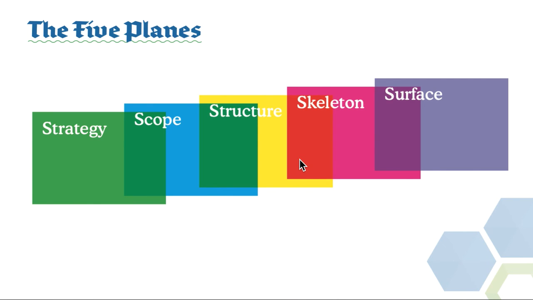I think this is a good way to interact with it, but it is really important to note that there is a large degree of overlap. They're not totally independent. There's nothing that says that once you get to the skeleton, you couldn't conceivably return to strategy. Hopefully, you've taken strategy seriously enough to build a robust foundation so that when you get to skeleton, that's not necessarily needed. But it's better to go back than to ignore it and press on.